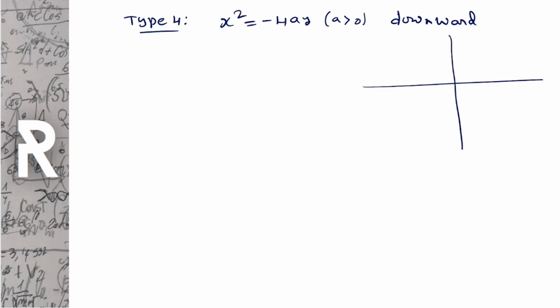Its equation x square equal to minus 4ay. A value positive. Downward parabola. Y is always negative, so quadrants 3 and 4.